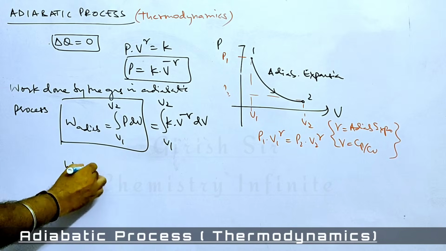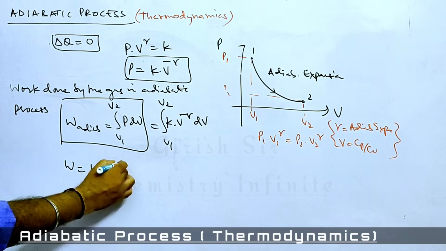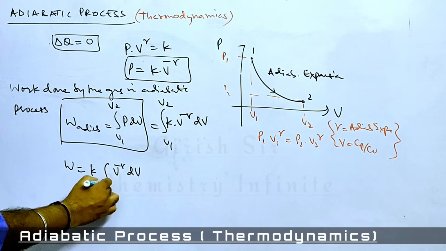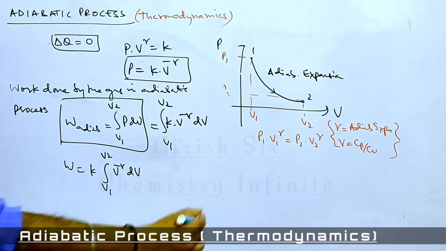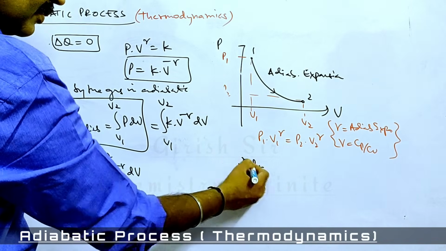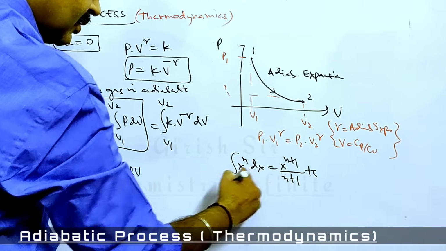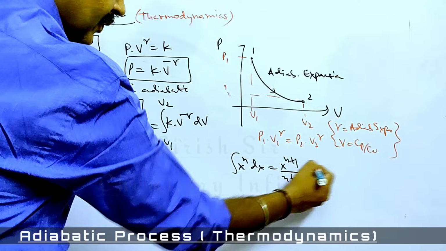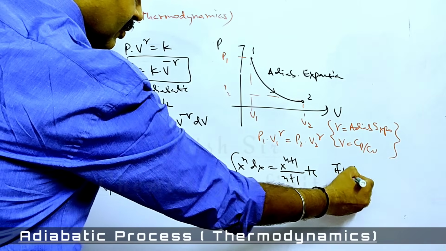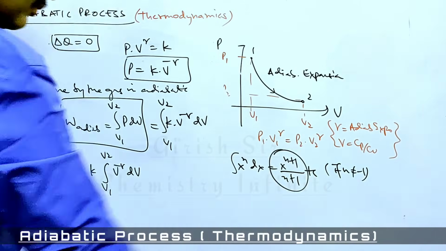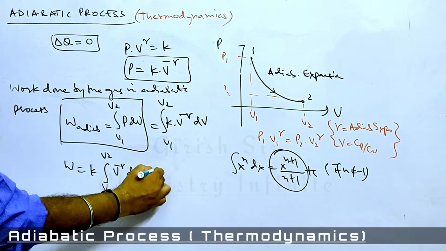So taking the constant out of the integral, if you know from mathematics, this is how we integrate x to the power n if n is not equal to minus 1. Then this result is valid. I can use the result here.